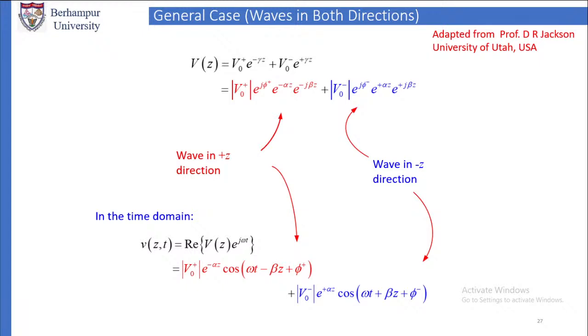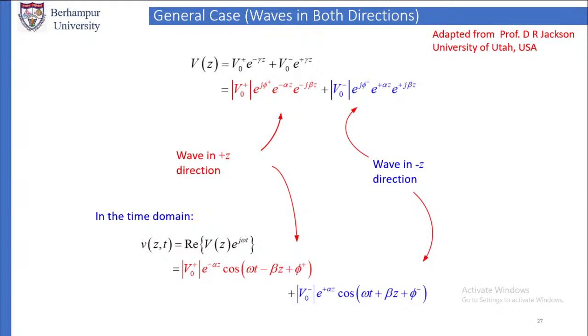Now, in the time domain, we will multiply exponential j omega t on both the sides. So left side will be small v as a function of z and t. Right hand side will be real part of capital V(z) into exponential j omega t. So that you can also write in this manner. So this will have V0 plus exponential minus alpha z into cosine of omega t minus beta z plus phi 0.